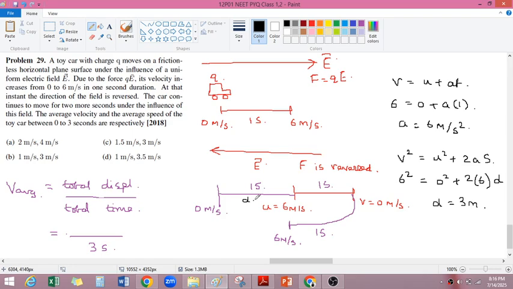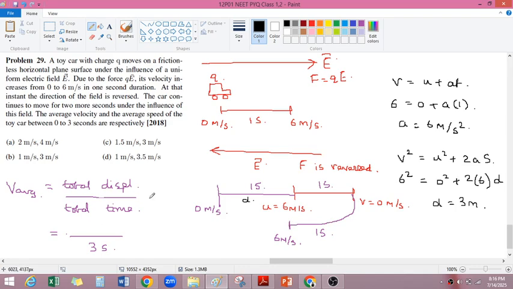So this will be 3 meters, this will be 3 meters, this will be 3 meters. Why? Because the same force will be acting to stop it. So it will take 3 meters for it to come to a stop. And then the same force is pushing in the opposite direction. So in 1 second it will have reached the same speed and it will have the same displacement.